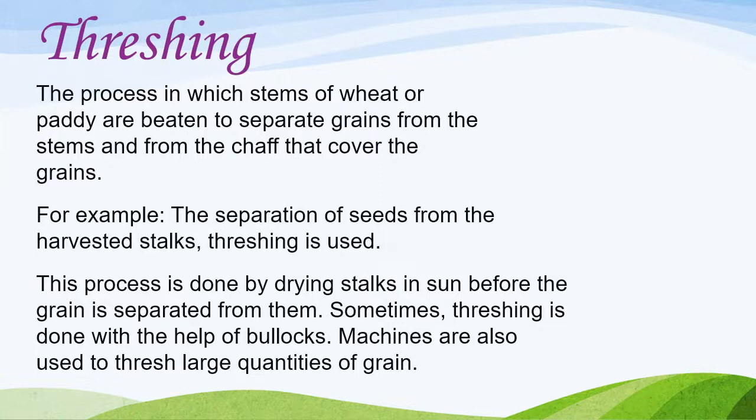So in this process, first of all, we have to dry the stalks in the sun before the grain is separated from the stem. Sometimes threshing is done with the help of bullocks, and sometimes machines are also used to thresh large quantities of grains.